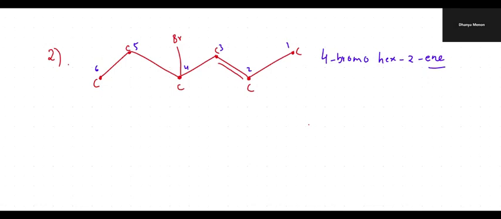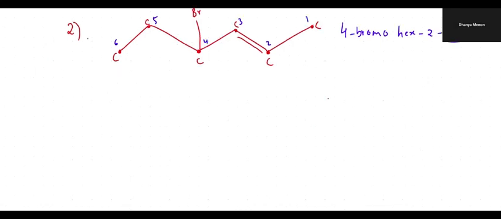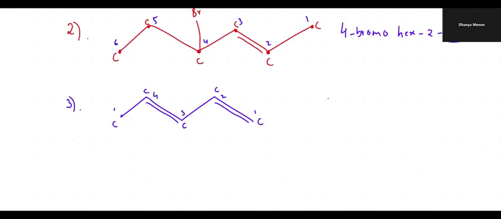Now coming to the third question. Okay. So this is one carbon atom. This is another carbon, carbon, carbon, carbon. Okay. So if I number it from here, suppose 1, 2, 3, 4, 5. In this, there's no substituent, as you can see.